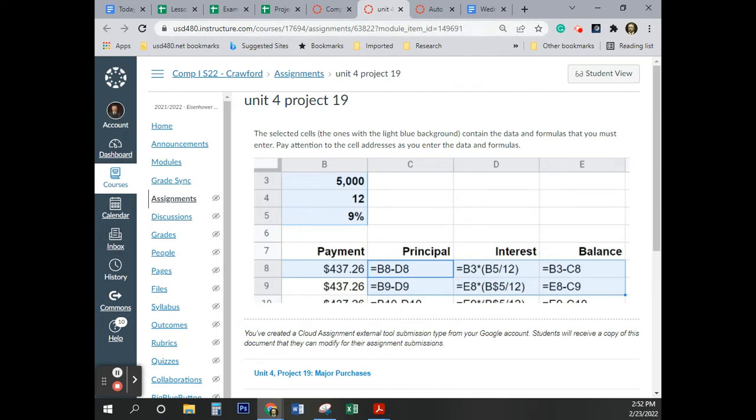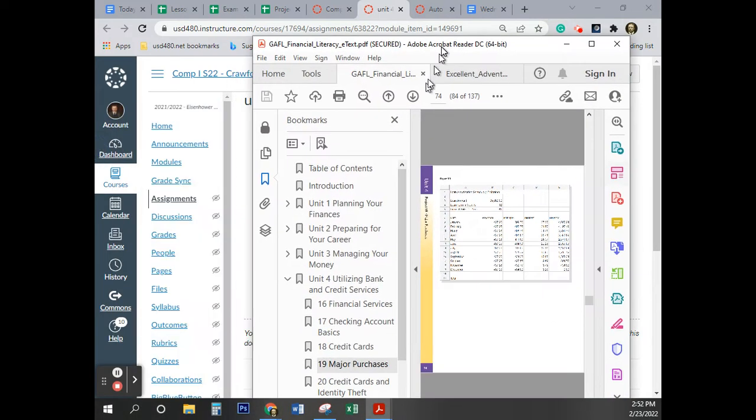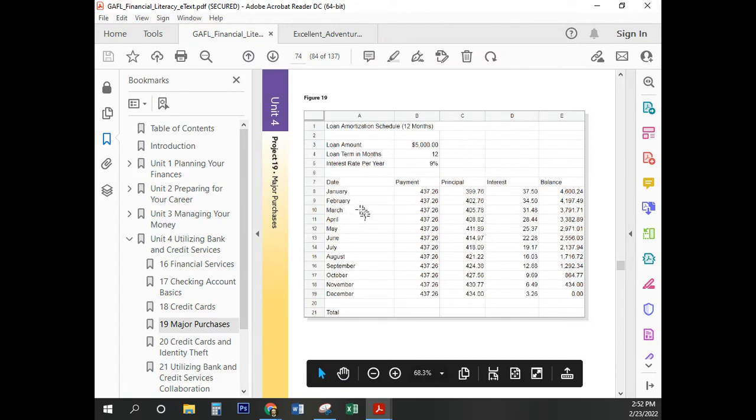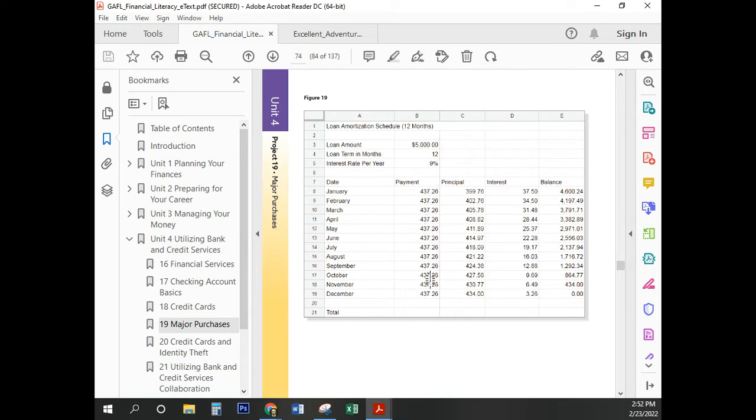So when you come down here to page 83, 84. Okay, you're looking at this. So I'm going to go ahead and put that full screen again. I only want you to type the word January. You don't need to type the rest of these. You don't need to type all of these numbers.